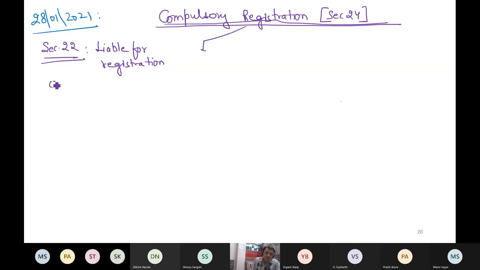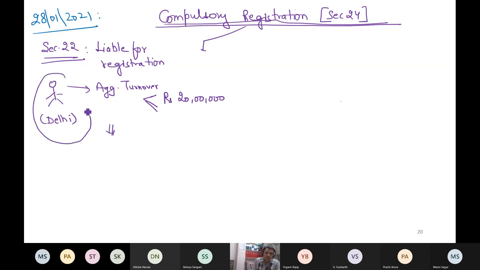Like in 22, suppose I'm a supplier in Delhi, and if my aggregate turnover is less than or equal to 20 lakh, then I'm not liable.